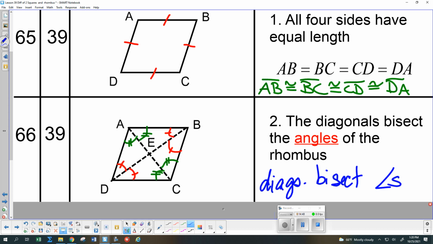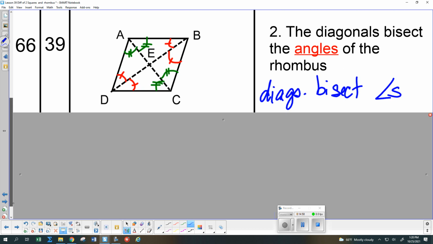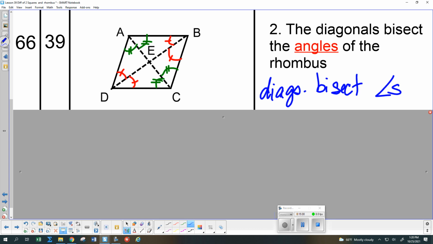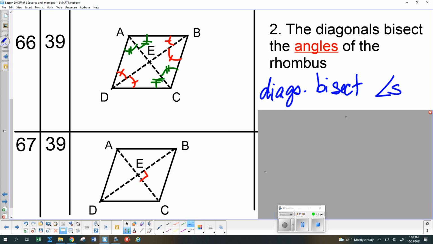This one, if we're using it, we could basically say definition of a rhombus. Our final property about the diagonals, they do still bisect each other, but they bisect in a special way. They not only cut each other in half, but they cross at 90 degrees.